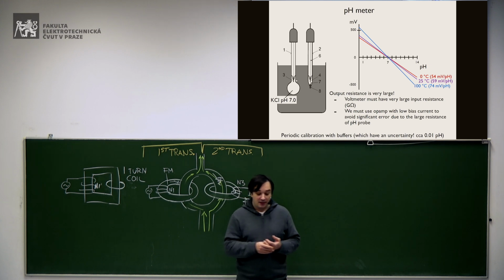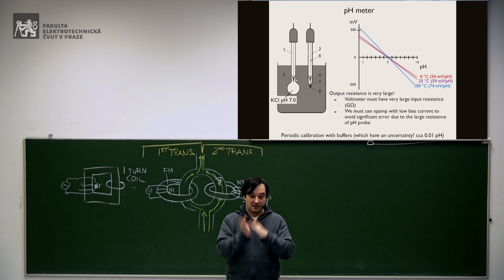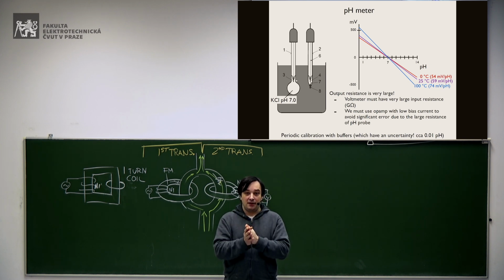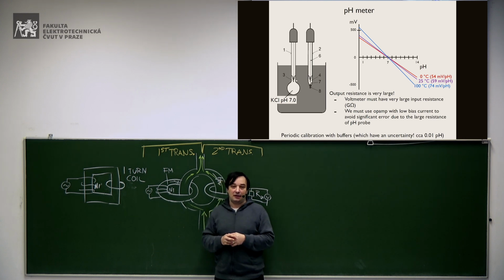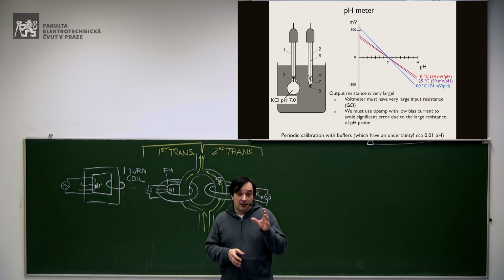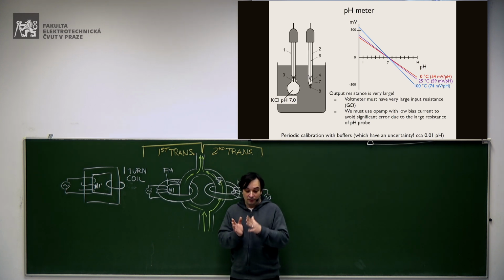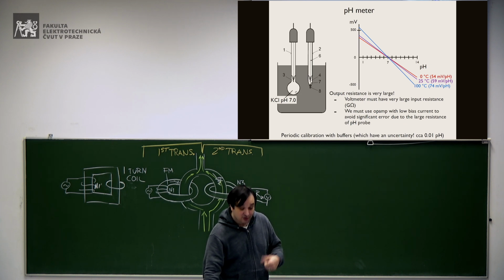And what happens? Basically, on the 2 faces of this glass bulb, you have an amount of hydrogen ions, which depends on the concentration of the 2 solutions. On the one side inside of the bulb, and the opposite side outside, in the solution that you want to measure.